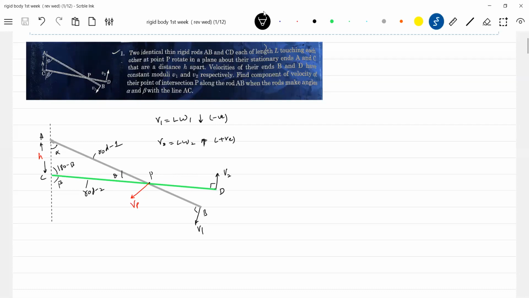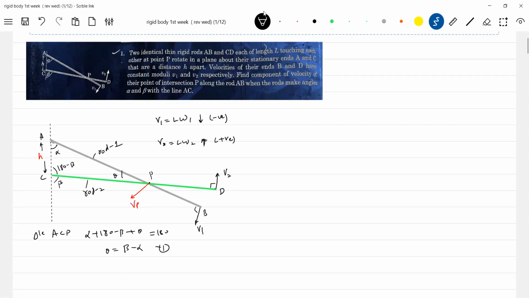So in the triangle ACP, alpha plus 180 minus beta plus theta should be equal to 180, or theta equal to beta minus alpha. Okay, this is equation 1, I'll call it.